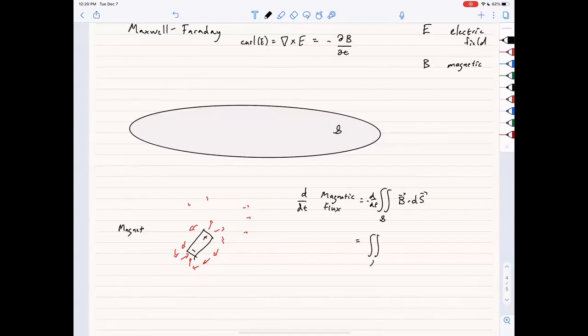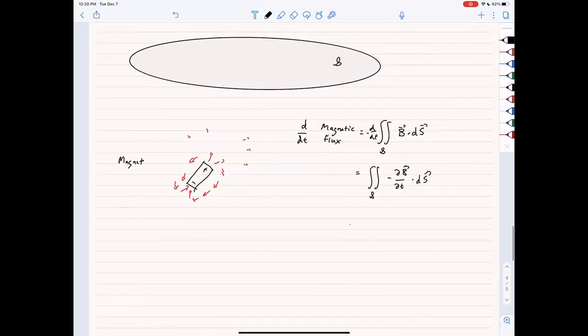I can bring in that derivative. And then I can use Maxwell's equation, Maxwell-Faraday. Then I can apply Stokes.